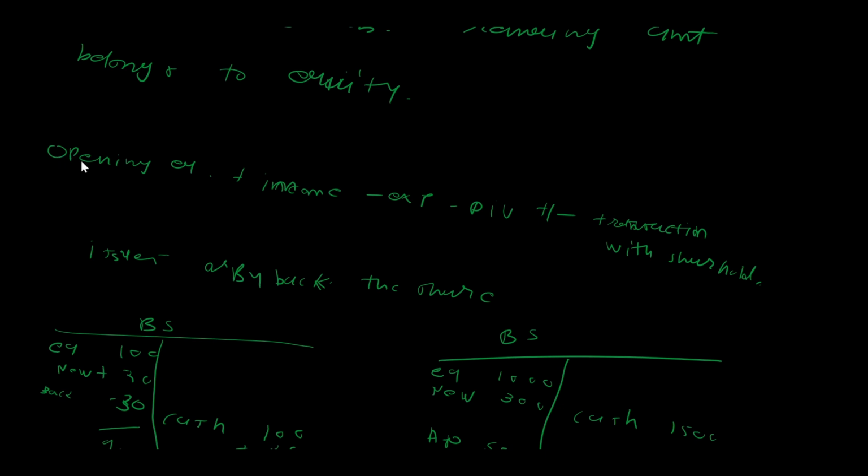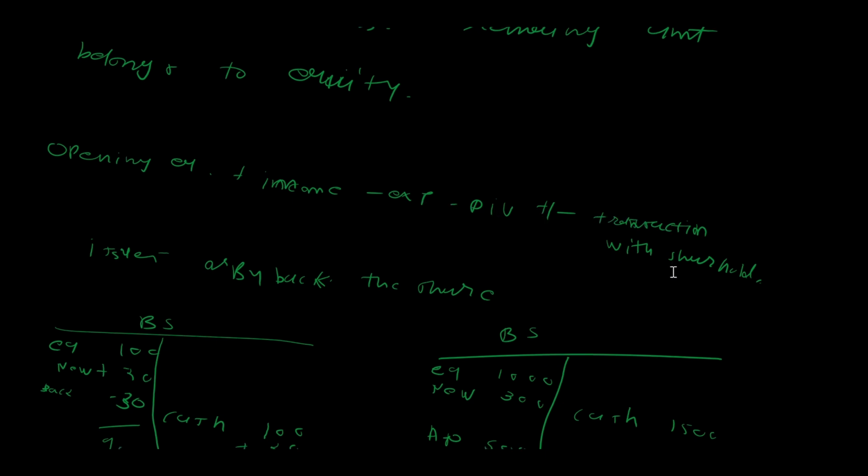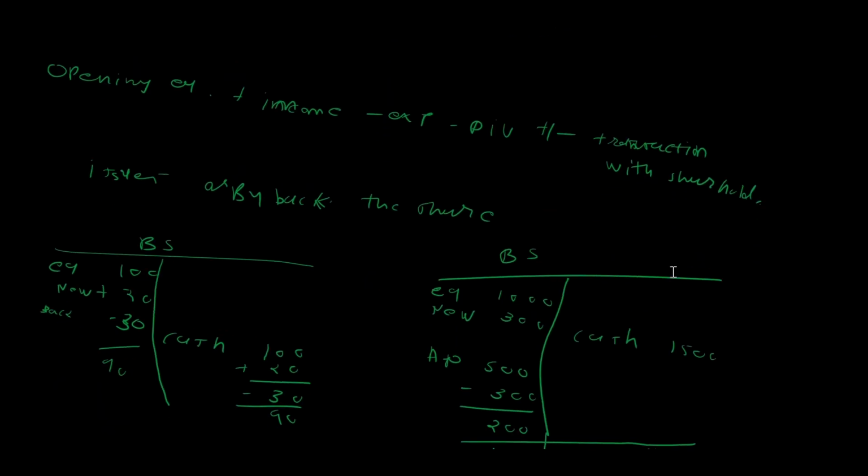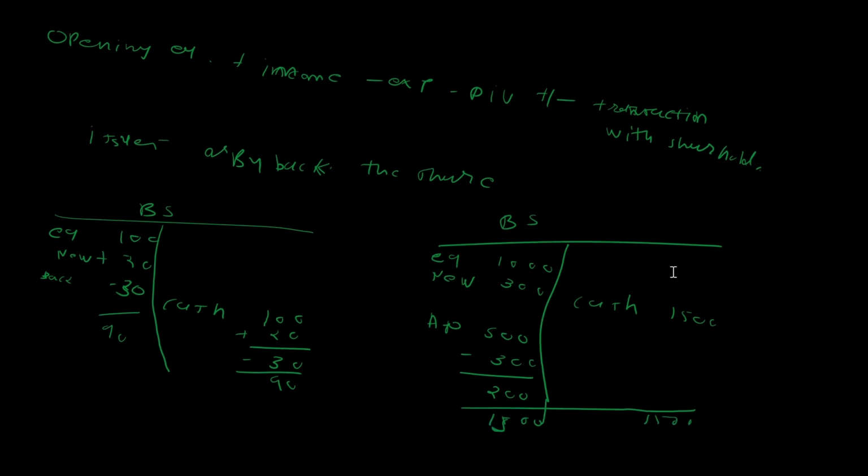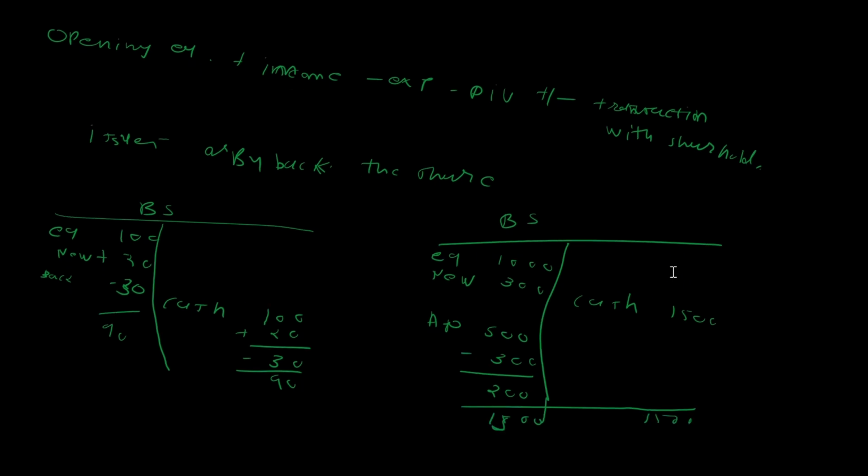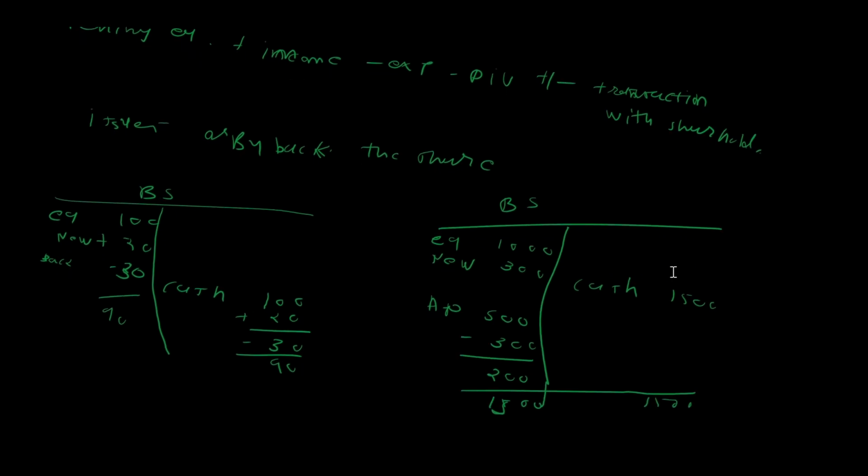There is a formula to get closing equity: opening equity plus income minus expenditure minus dividend plus or minus transactions with the shareholders. Now let's talk about transactions with the shareholders. Basically, issuing shares and buying back shares.